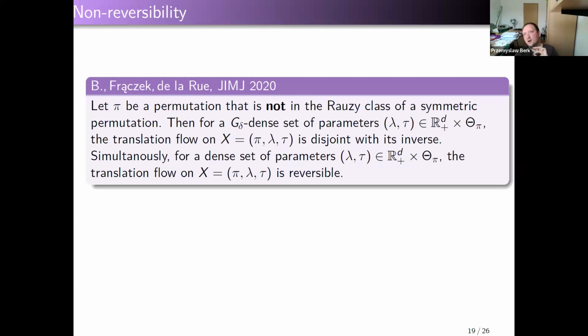One of the questions that I'm interested in, but which is still not solved, is whether we can replace the topological largeness with measure largeness, so whether this remains true for a full Lebesgue measure set. This is not known to me, at least now.